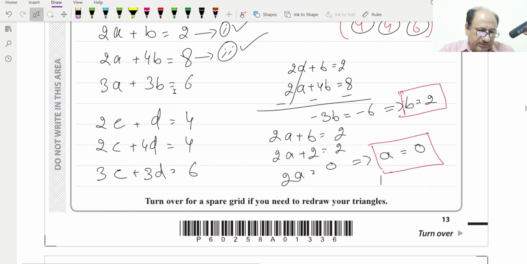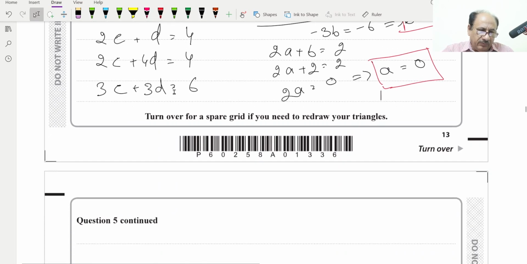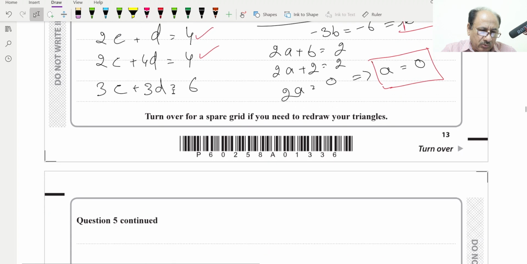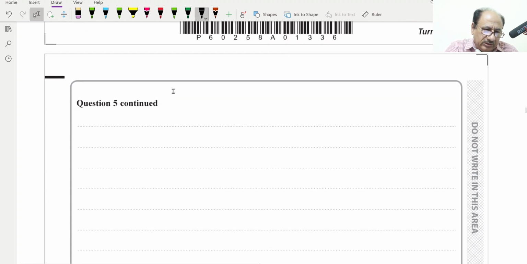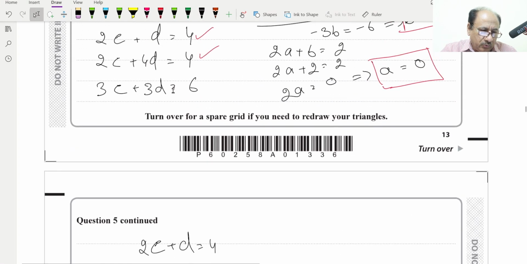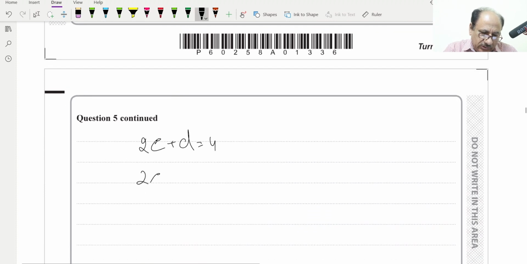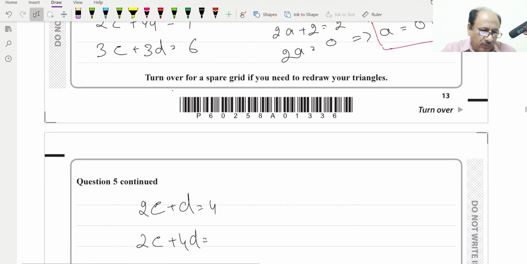Now we can find the c, d values. I will be using these two equations for c, d. So 2c plus d is equal to 4, and 2c plus 4d is also equal to 4.